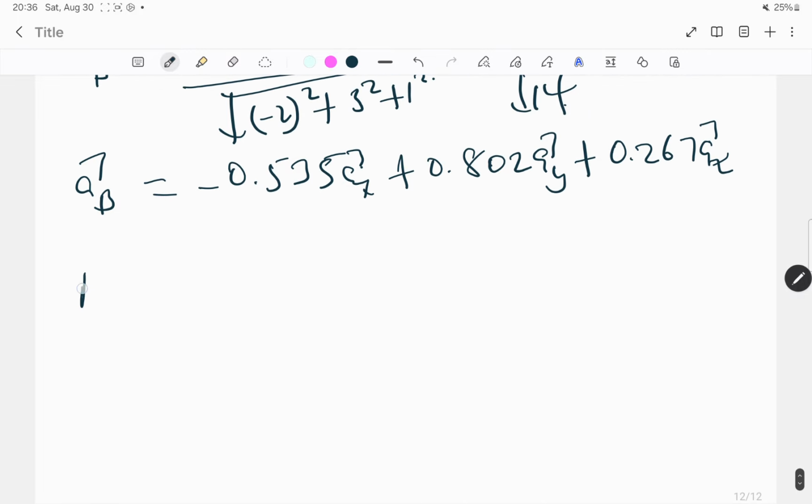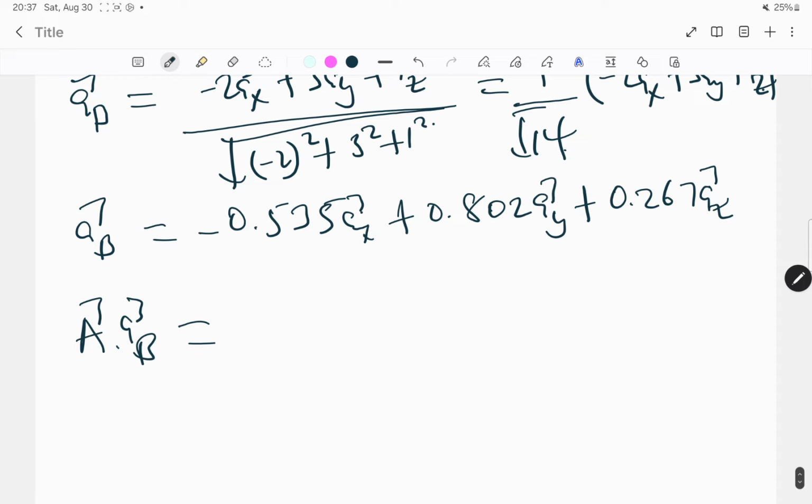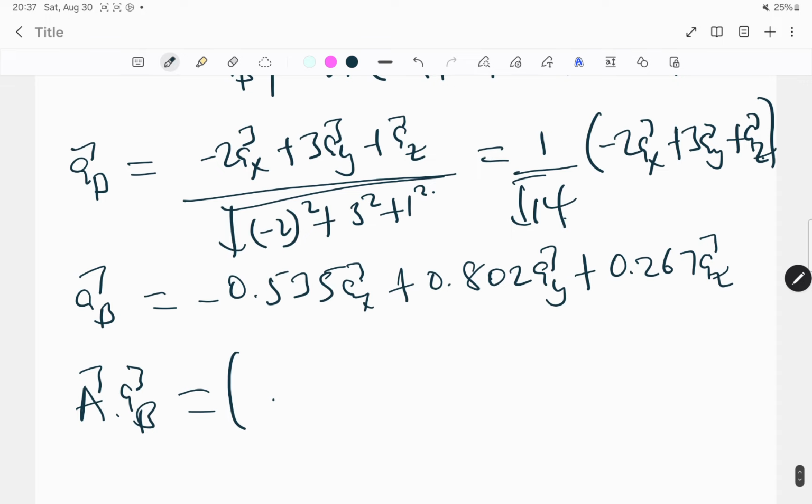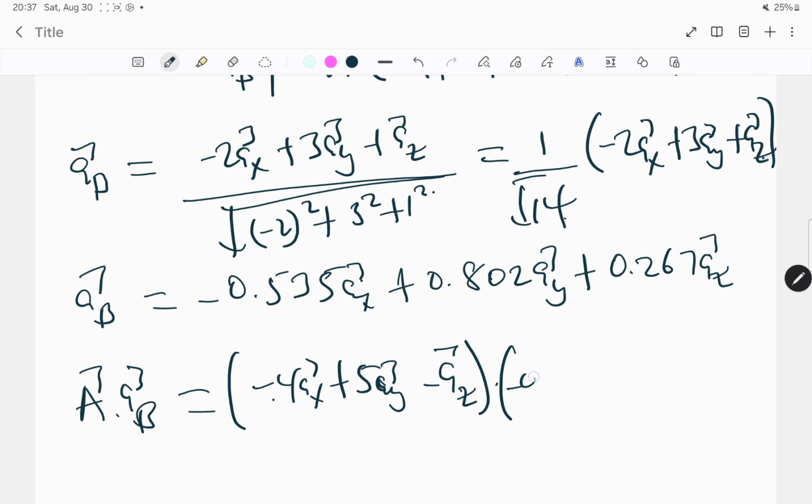So I have vector A dot the unit vector B, which will be equal to vector A. I can even write this in vector form: vector A is going to be equal to minus 4 along the x-axis plus 5 along the y-axis minus the unit vector along the z-axis, dot this: minus 0.535 plus 0.802 plus 0.267.